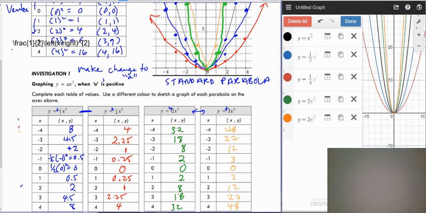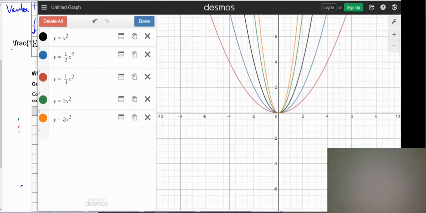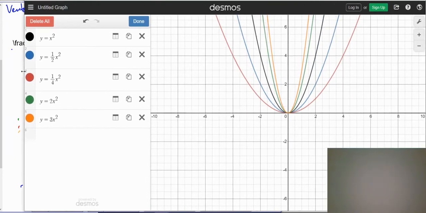Okay, now this is really cramped. But let's say I was to stretch this out for a moment. You could have a look at it. Isn't that nice looking there? Our black one is our standard. The blue had a half, it gets wider.